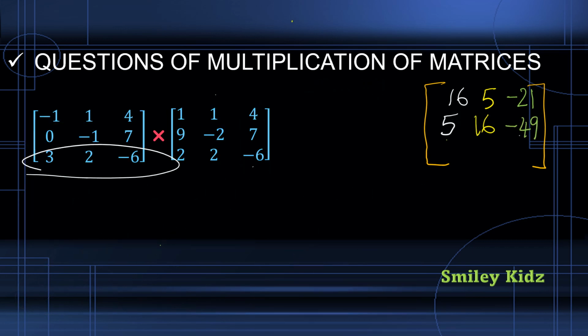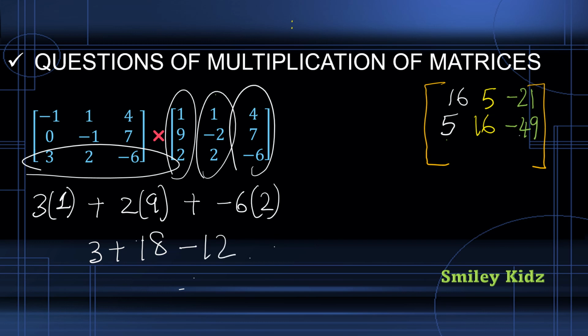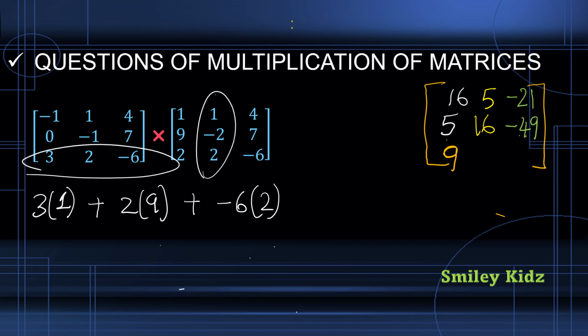Now third row with the 3 columns. It's going to be 3 into 1 plus 2 into 9 plus minus 6 into 2. So this is going to be equal to 3 plus 18 minus 12. This is 3 plus 6, which is equal to 9. So here you're going to have 9. Then we move on to row 3 with the second column of the second matrix.